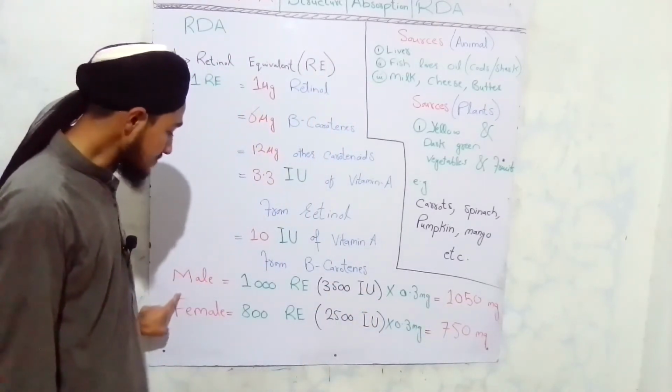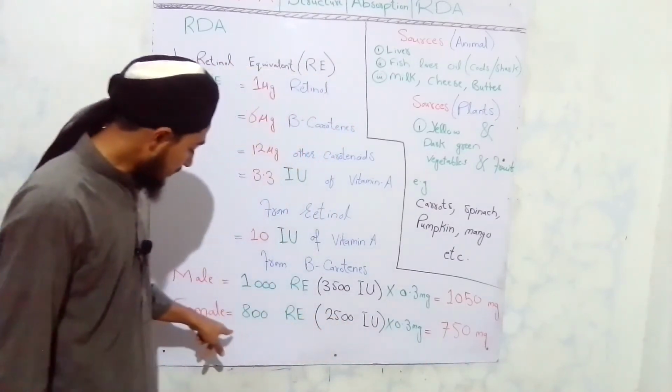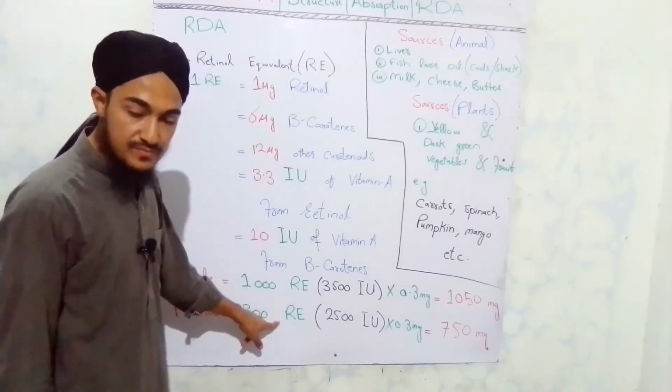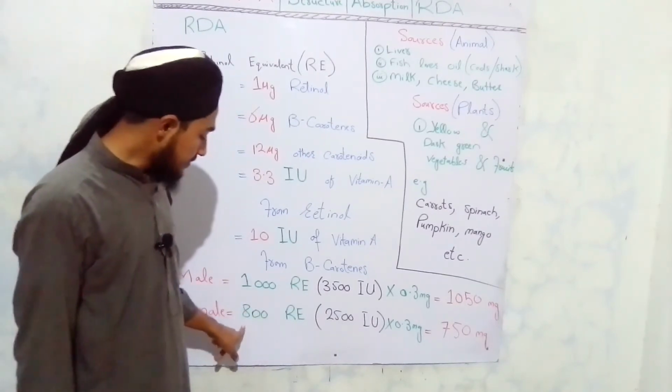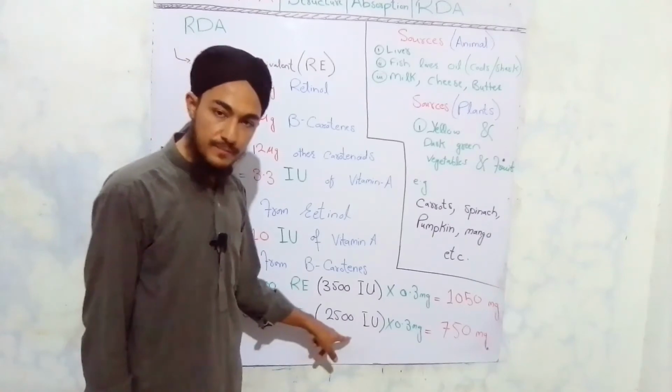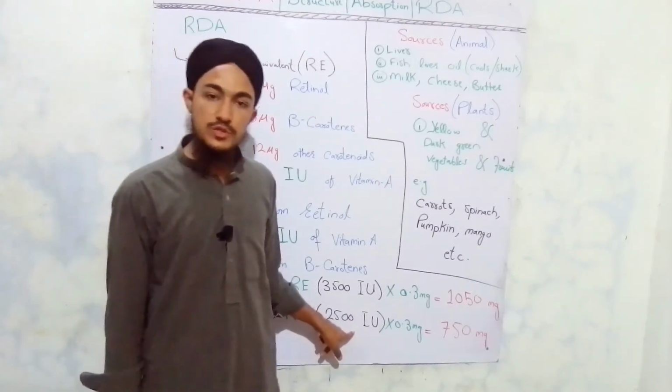For females, the quantity is 750. For females, the total RE, the retinol equivalent, is recommended at 800, and that equals 2500 international units, and 1 international unit equals 0.3 micrograms.